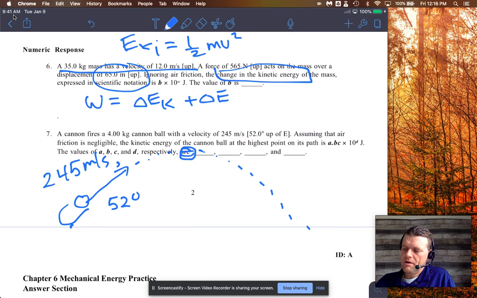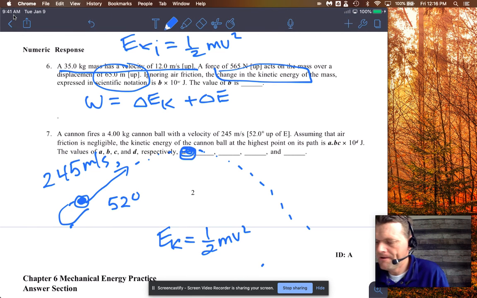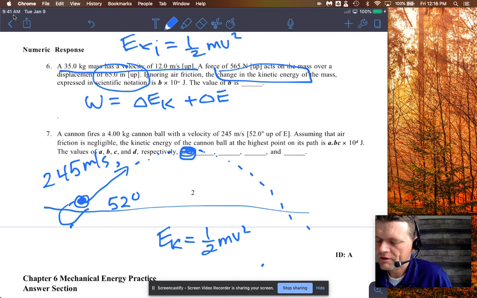So when you get up here, I guess the cannonball is coming out. There it is. I mean, it's obviously going through its whole trajectory. But when you get to the top, if you want to know the kinetic energy that it has right there, that kinetic energy, of course, would equal 1/2 mv squared. And we're assuming that we're shooting this basically from the ground because it doesn't say that there's a height at all.